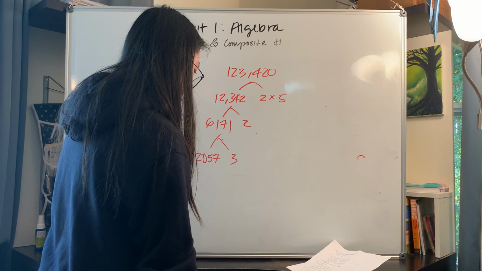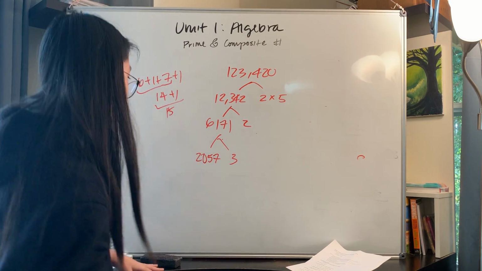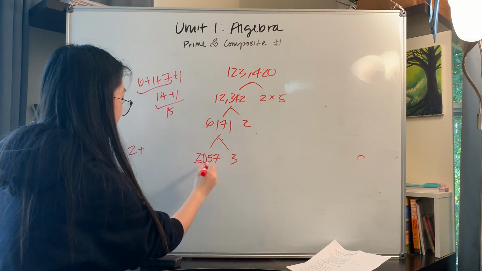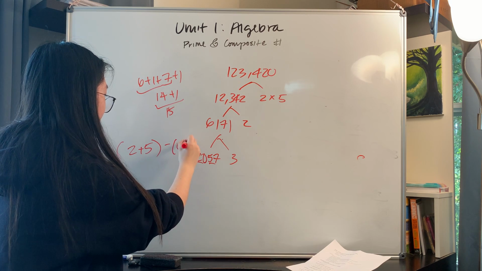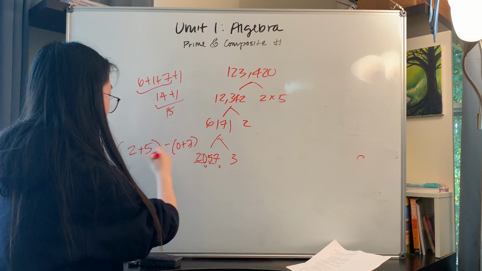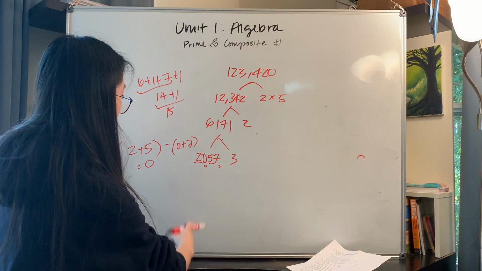So what we can notice here is that 2 plus 5, so this digit and this digit, minus 0 plus 7, or this digit and this digit, is equal to 0, which is divisible by 11. So we can divide this by 11.